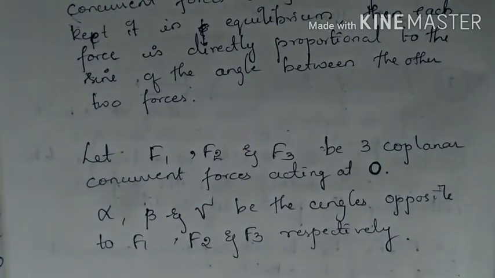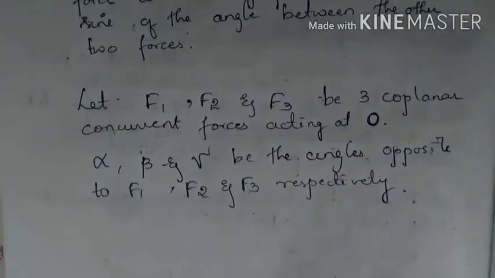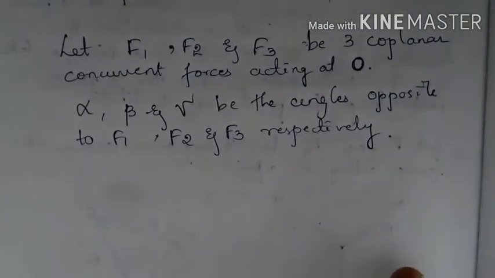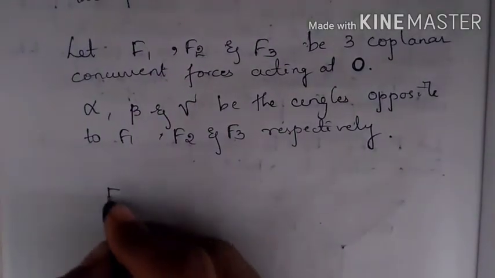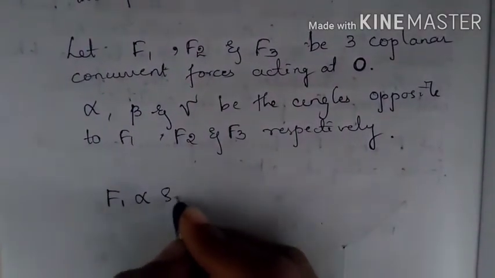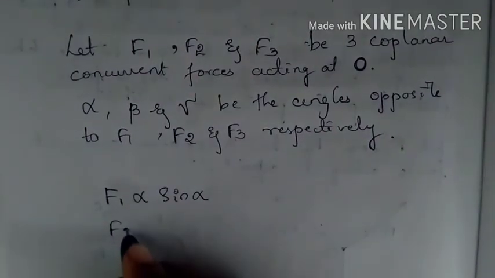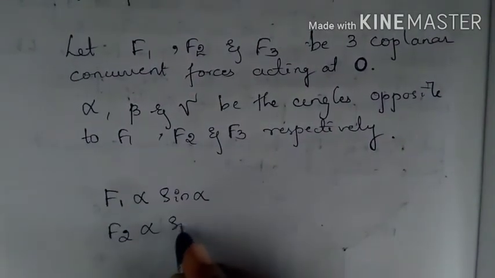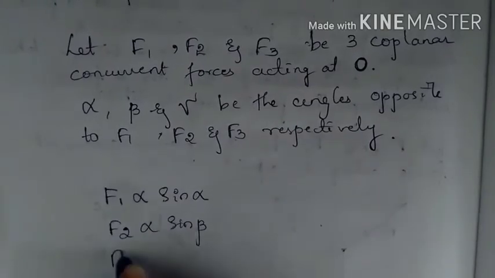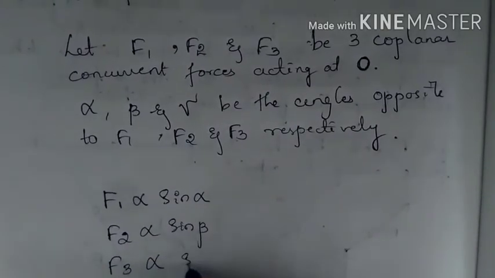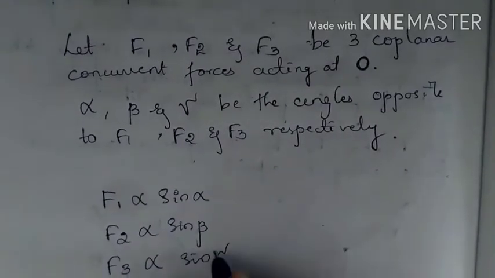If the three forces acting at O are in equilibrium, then F1 is directly proportional to sine alpha, F2 is directly proportional to sine beta, F3 is directly proportional to sine gamma.